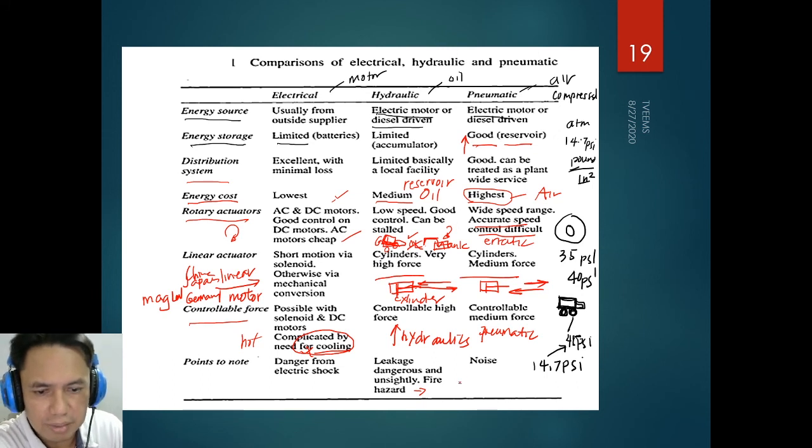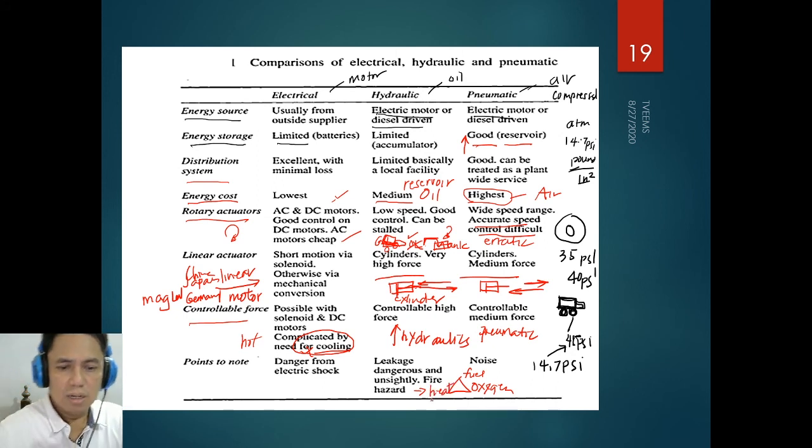Because fire is developed with three elements. You have to have a fuel, for example wood or oil. In that case, hydraulic is the oil. Then you have to have oxygen or air, which is abundant in the atmosphere, and heat.